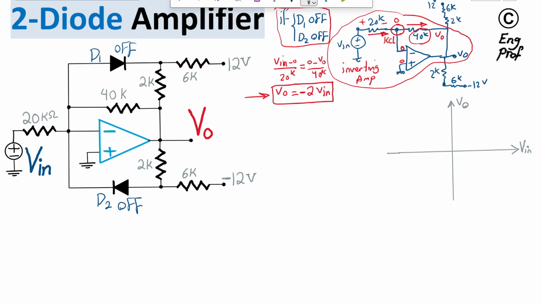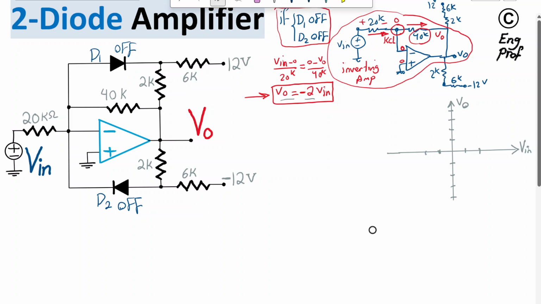Let's say, just for the sake of drawing things, these are points on the X and Y, input and output. So what happens is we have Vout equal to negative 2 Vin.